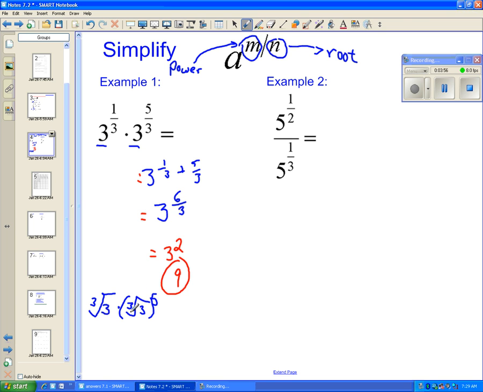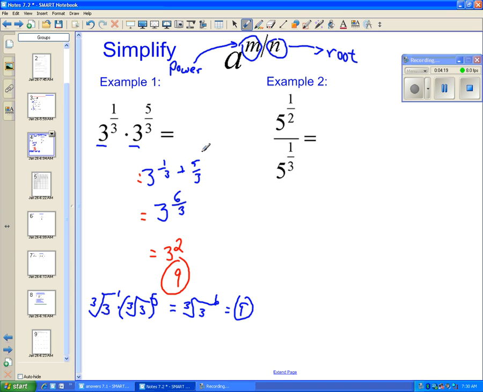Notice these two things are identical. This is to the 1st power. This is to the 5th power. So this would be the cube root of 3 to the 6th power. Well, 6th power cube root reduces, just like what we said. And so, again, I get the same answer, 9.